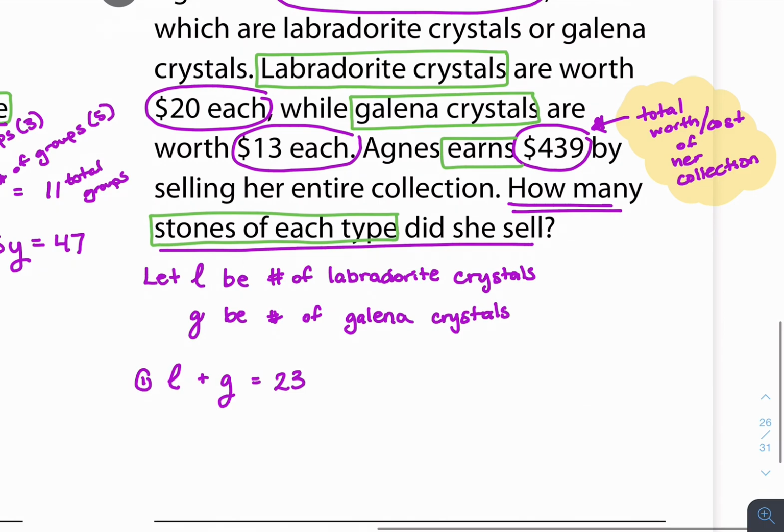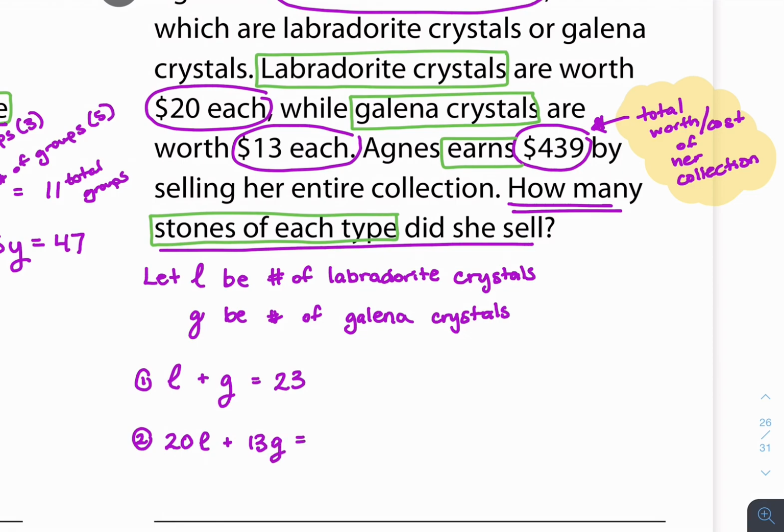And for my second equation, it's going to talk about the worth, the cost, and this is where I'm bringing the money in. Each labradorite crystal costs $20, so that's 20 for each crystal. Right, so 20 times L, plus each galena crystal is $13, so that's 13 times G, so 13G.